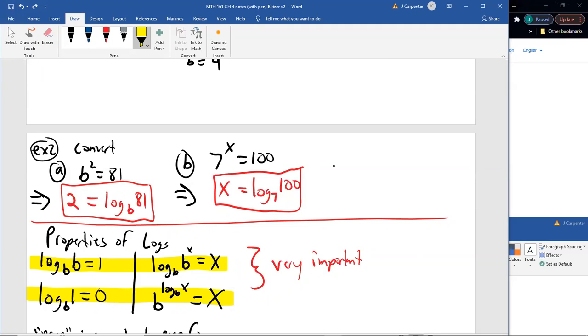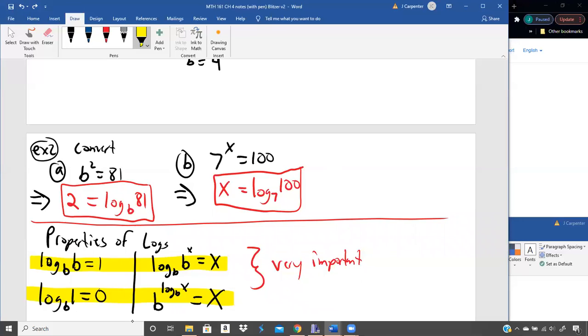So these are kind of like your identities. Identities under multiplication and division is 1, under addition and subtraction it's 0. So it's interesting that we can actually pick up both of those, quote, identities. These properties on the right are our inverse properties, where if we take the log of an exponential or the exponential of a log, as long as the bases match, that's important.